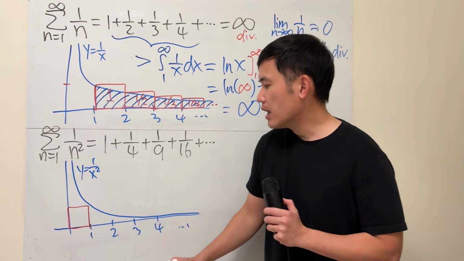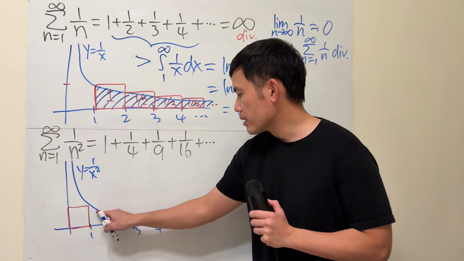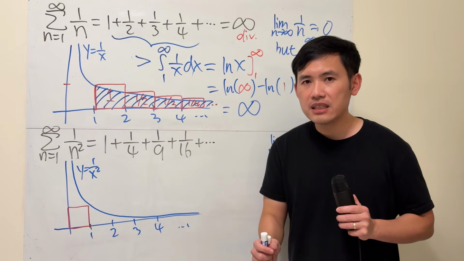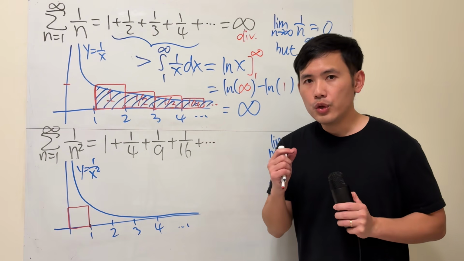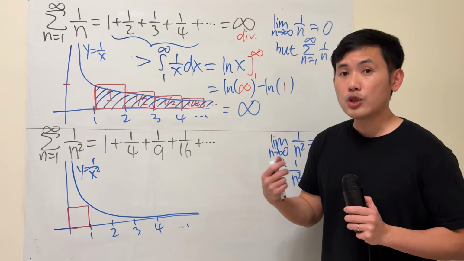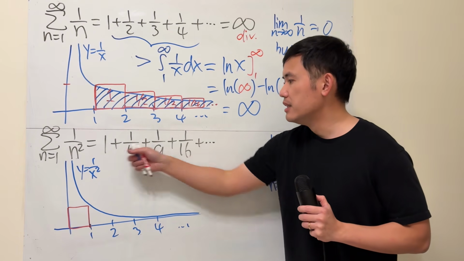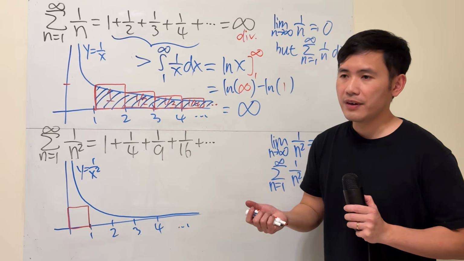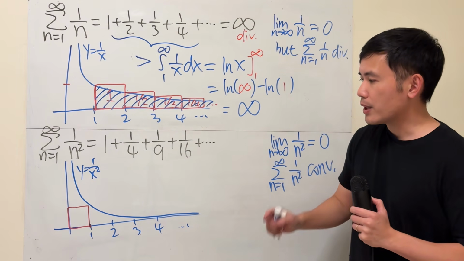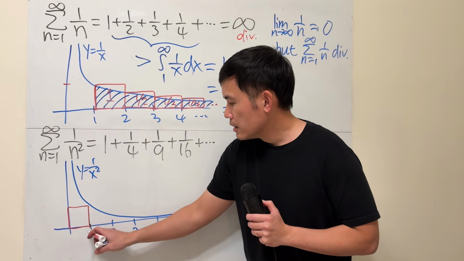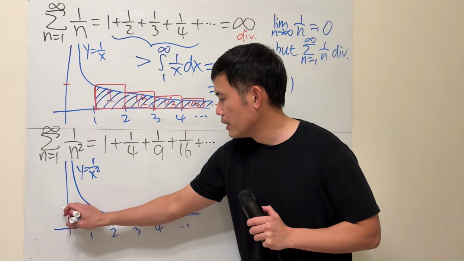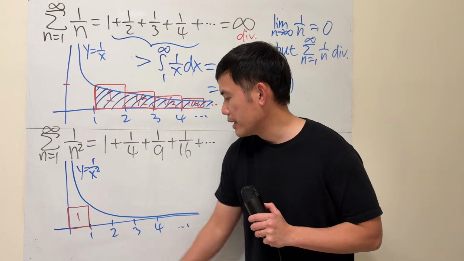Because later on, you will see that the area under the curve from here to infinity is actually finite. In this case, you hope to show that this series is less than a finite number so that you can conclude that this is also going to be finite, assuming positive comparison, of course. That's why. Anyways, if it's 1, plugging in, 1 squared is 1, so the area here is 1.